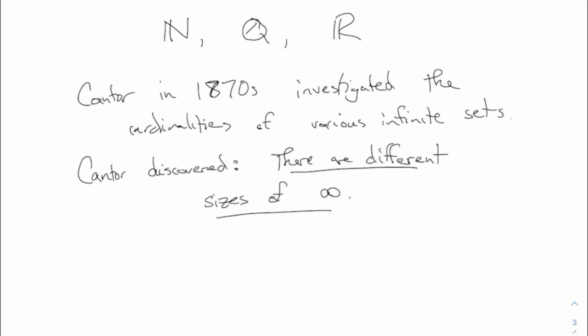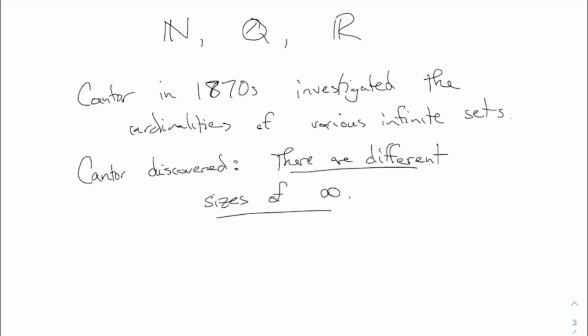Turns out, this is kind of a surprising fact, of these three sets, actually there are only two different sizes of infinity represented here. Q is equal in size to one or the other of these. I don't want to give it away just yet, but it turns out that the size of Q is infinite, but that size of infinity is equal to one of the other two, all right?